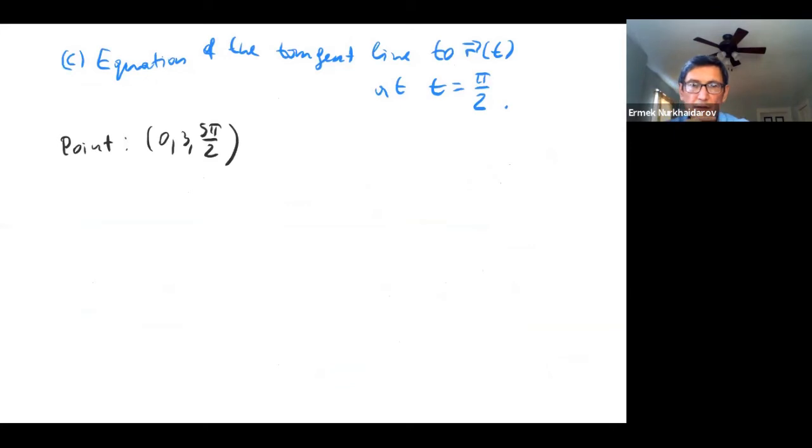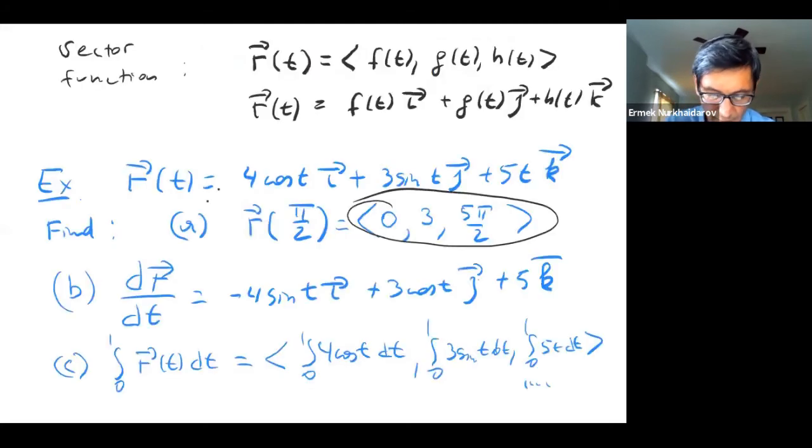Now, if you want to find the vector, then essentially that's the same thing as we did in calculus 1. To find slope, you take the derivative and plug in a given point. We're doing exactly the same here. We take the derivative, which you already know, and plug in the given instance of t. So the tangent vector is going to be the derivative which we found in the part somewhere here.